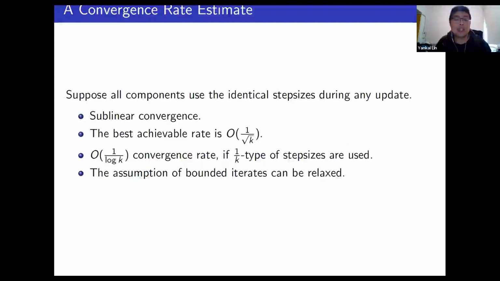And here we're not using any ideas from stochastic approximation, which means that the assumption of bounded iterates can also be relaxed. So we allow the supergradients to be upper bounded by some term that depends on x. So it's allowed to grow to infinity as the decision variable lambda goes to infinity.